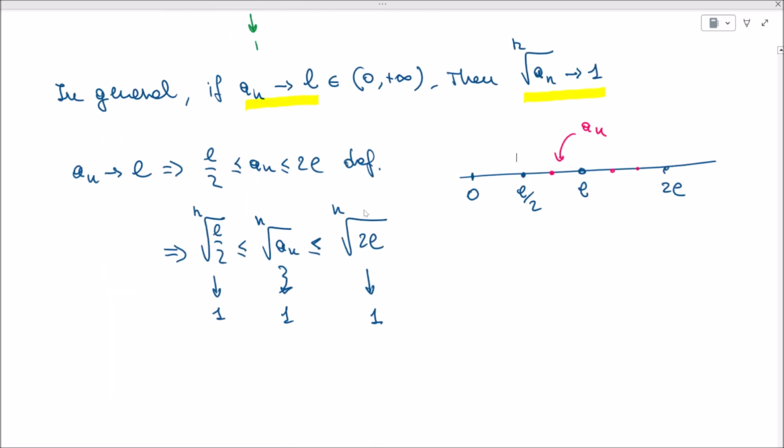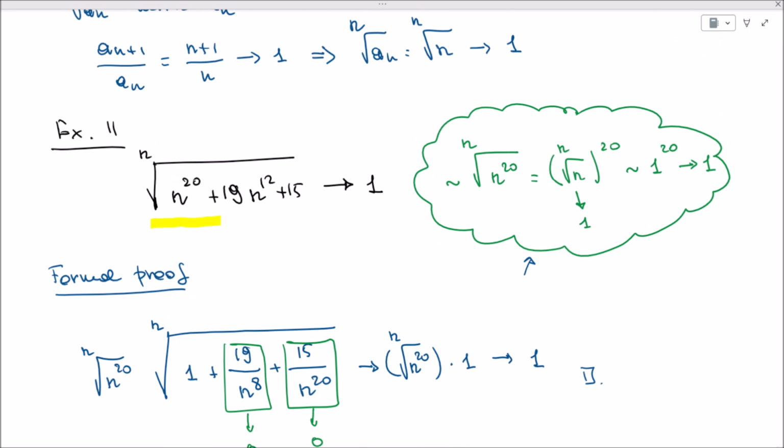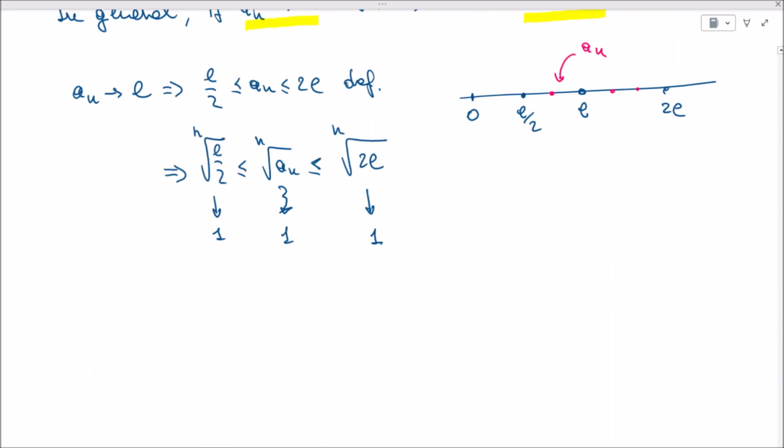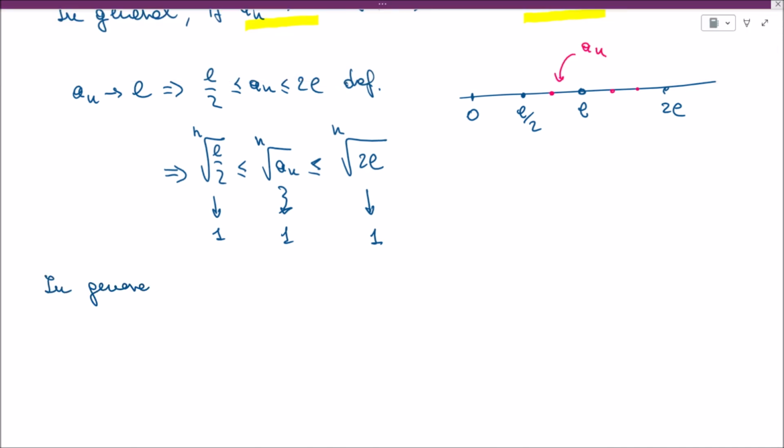Now, well, this is another result, but going back to the previous case, the case that we have in example 11, where we determine the limits of the nth root of a polynomial, it is easy to prove in general, we can say that every time we have the nth root of a polynomial, we can always say that this will tend to 1.